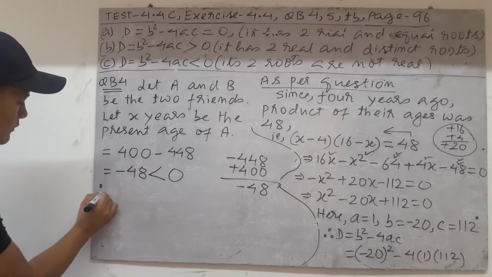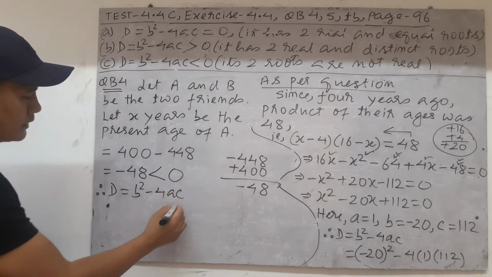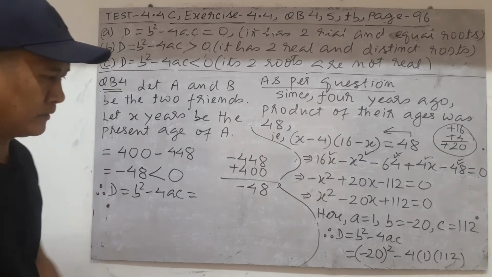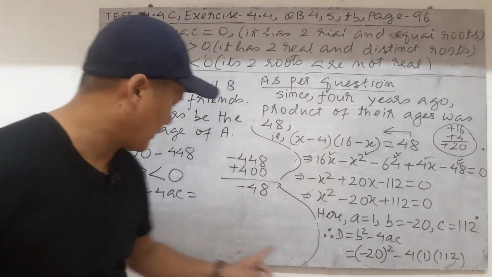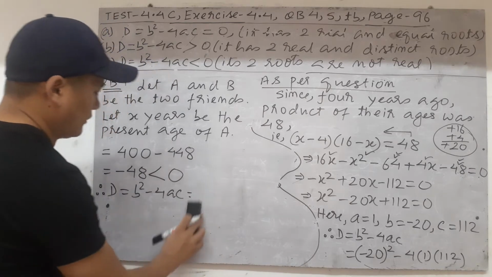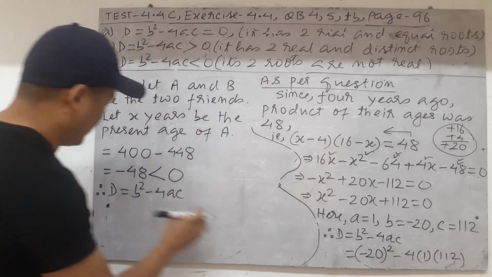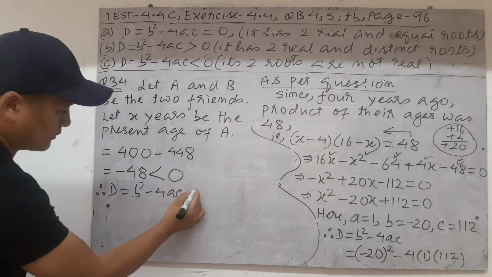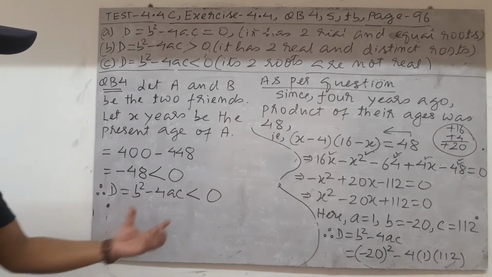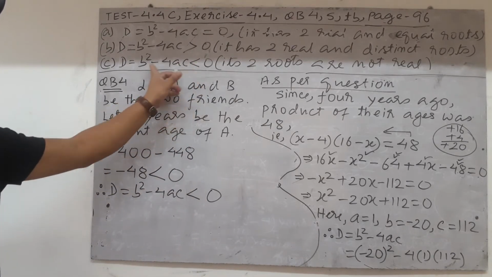In other words, we calculated D equal to b squared minus 4ac and found it to be minus 48, which is less than 0. So this condition, b squared minus 4ac less than 0, is the third condition.